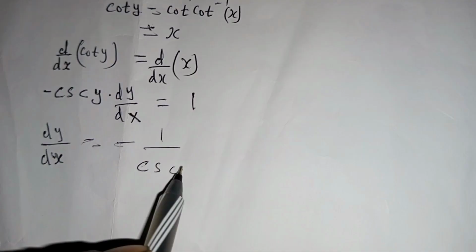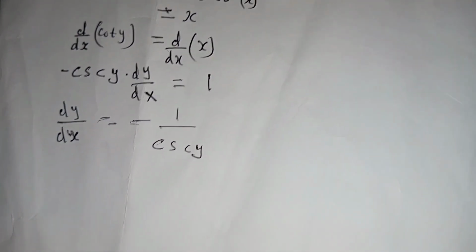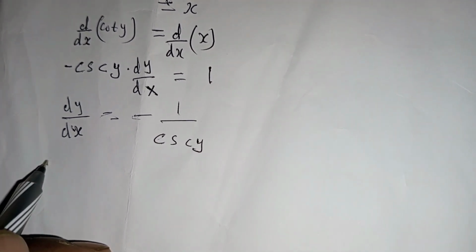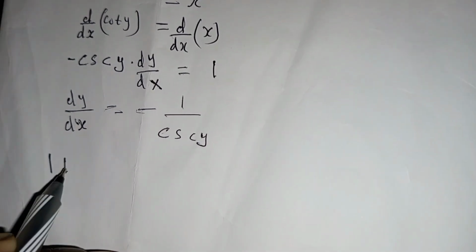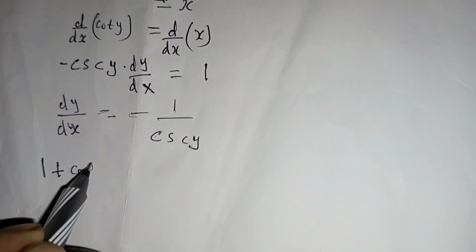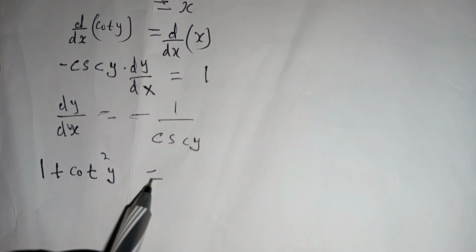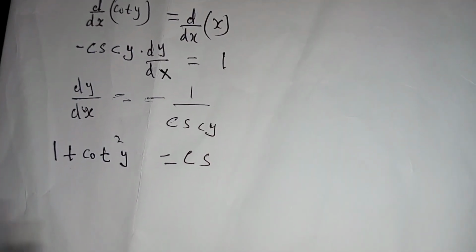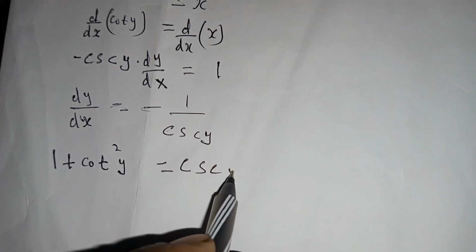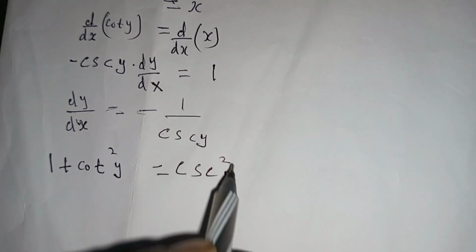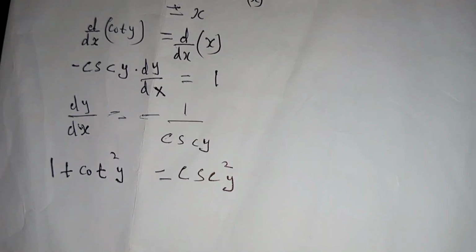cosec squared of y. Then we make use of this identity which tells us that 1 plus cot squared of y is equal to cosec squared of y.